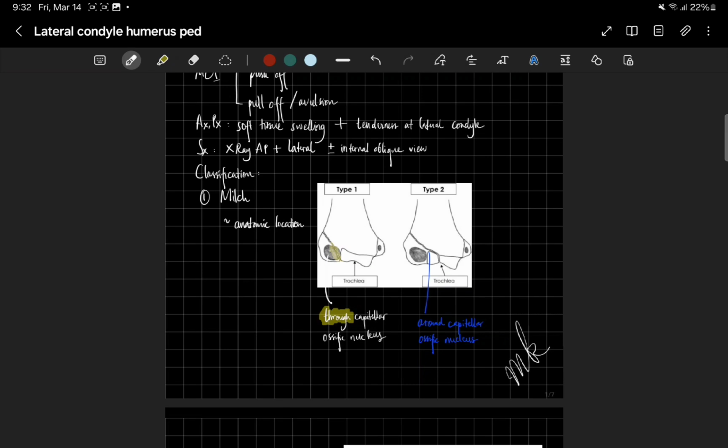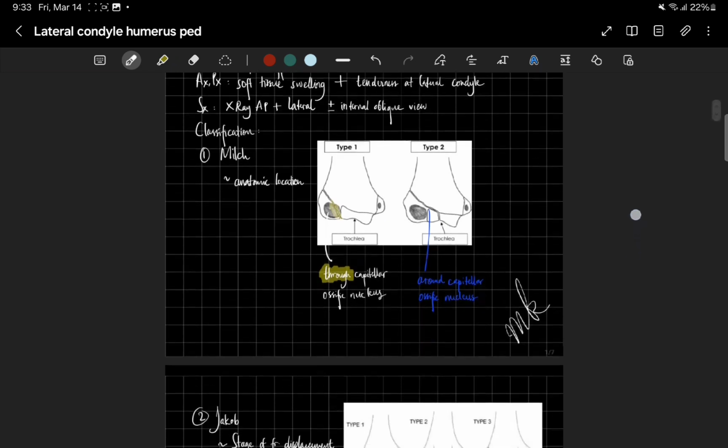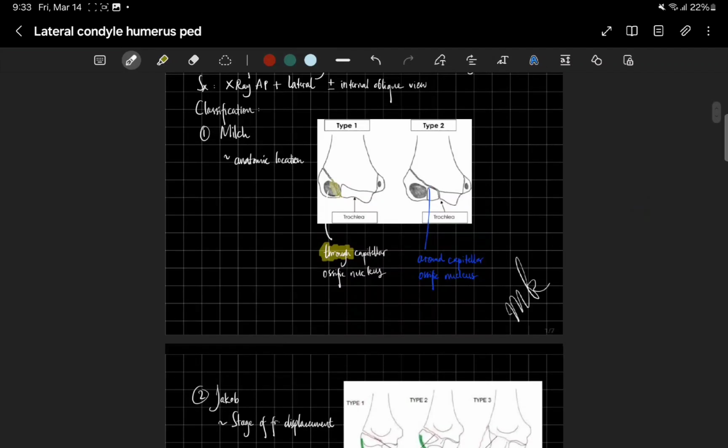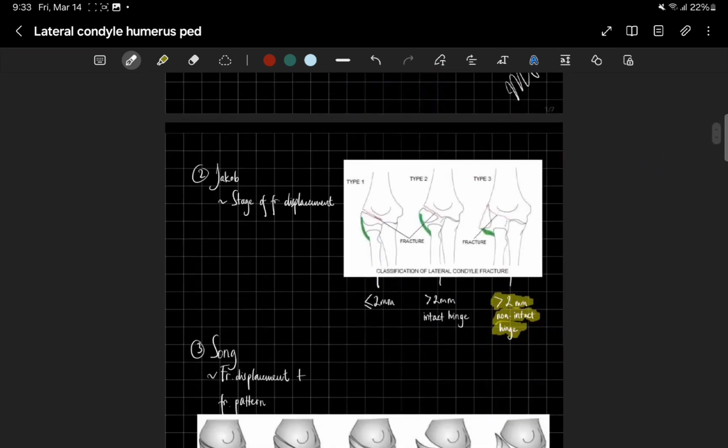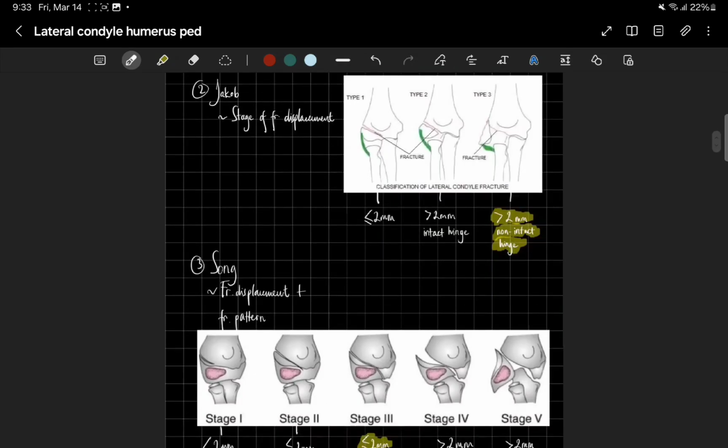The classification depends on some areas. It is divided into the Milch classification based on anatomical location, then the second one is Jacob for the stage of fracture displacement, and the last one is Song, with fracture displacement and fracture pattern.